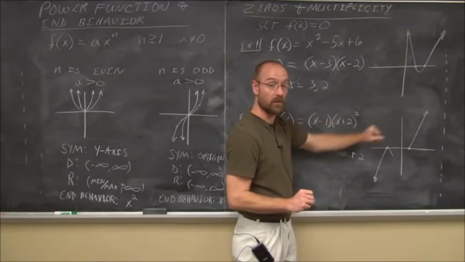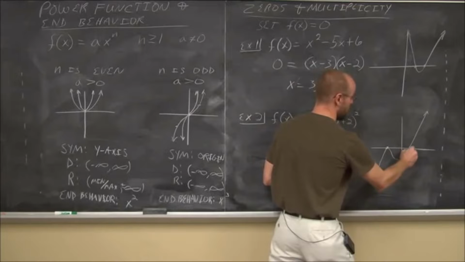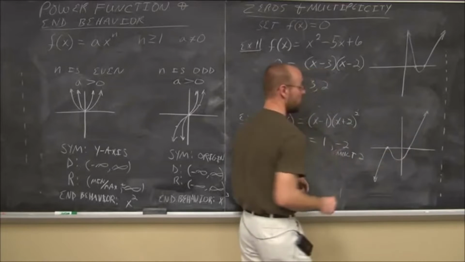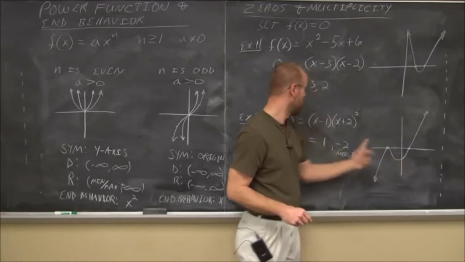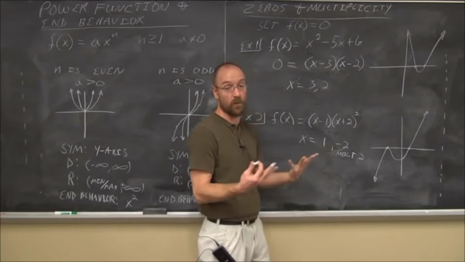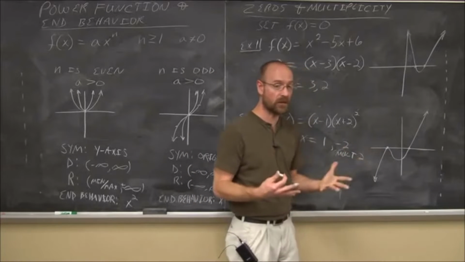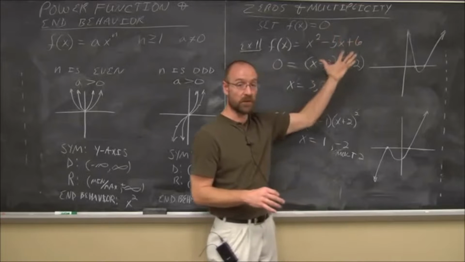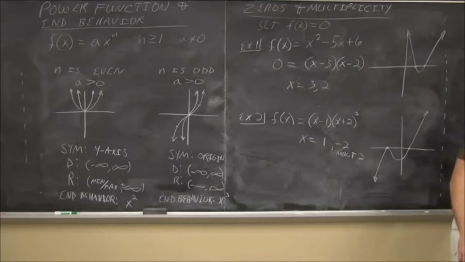It doesn't go into the positives. All right? And then, at some point, it has to turn and go across the x-axis to continue up. This has an odd multiplicity. It only occurs one time. 1's an odd number. So it passes through. Let's actually explore the definition of multiplicity and see what we're actually working with here.